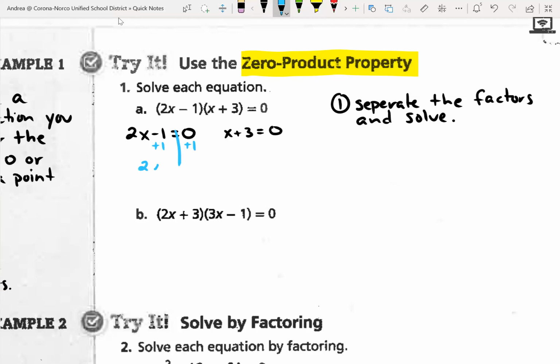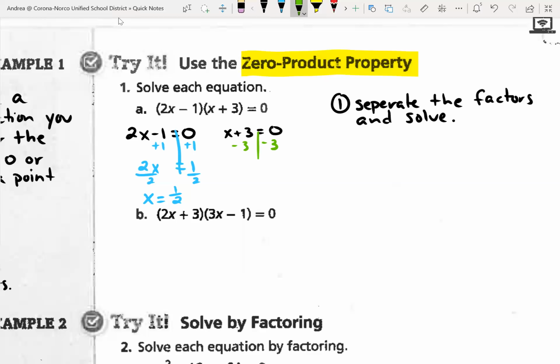That gives me 2x equals 1. Now what do I do? Very good, divide by 2. Okay, so here I get x equals 1/2. Okay, so in order for this binomial to be 0, x would have to equal 1/2. Let's see about over here. I'm going to solve for x, so I subtract 3 from both sides.